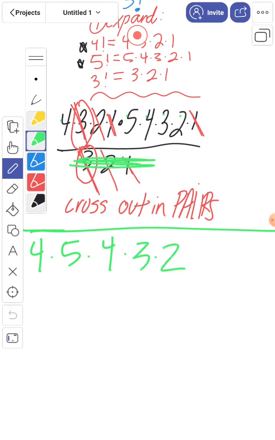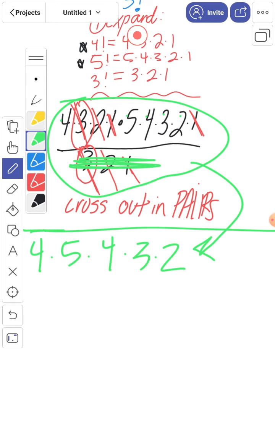And there's nothing on the bottom. I have made my life so much easier. So this ugly problem has turned into this. Okay, so now I like to do them in pairs.